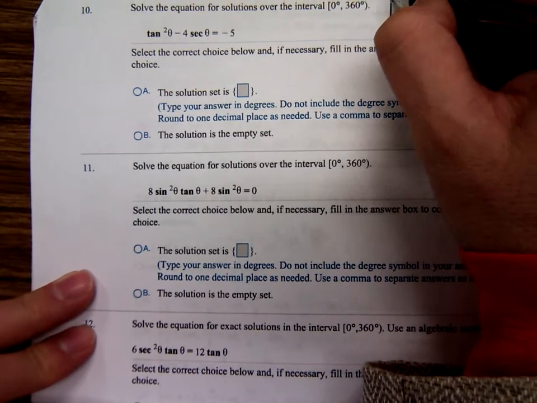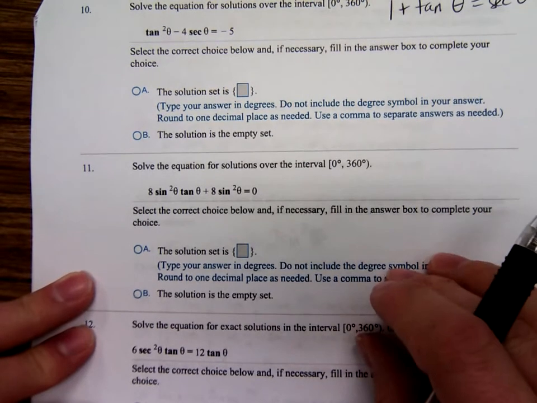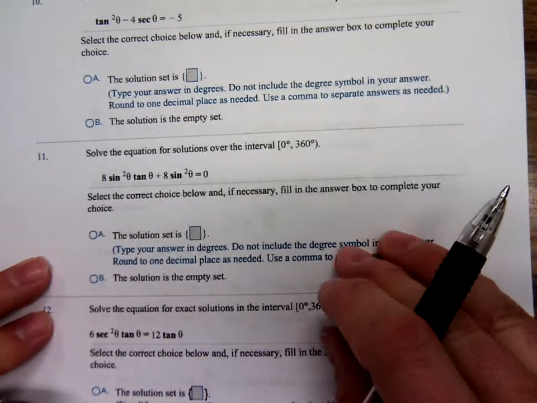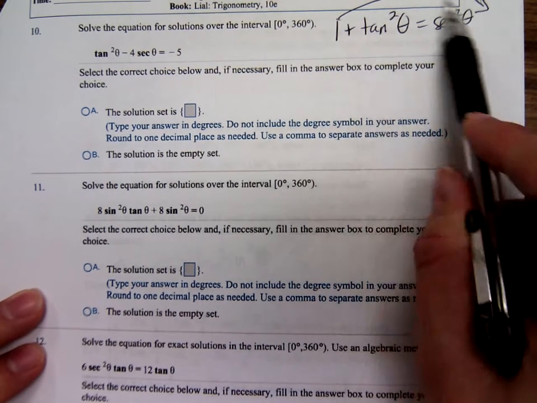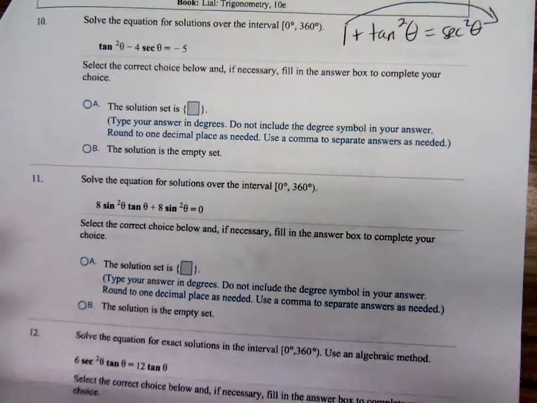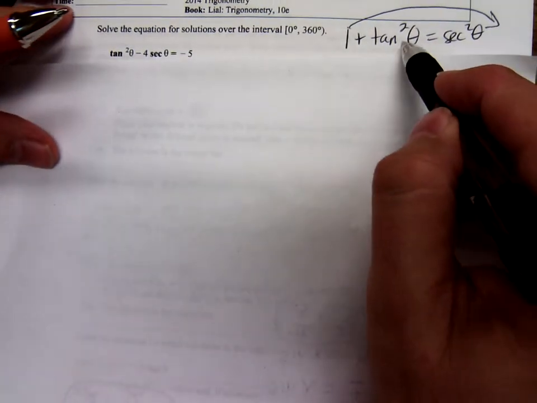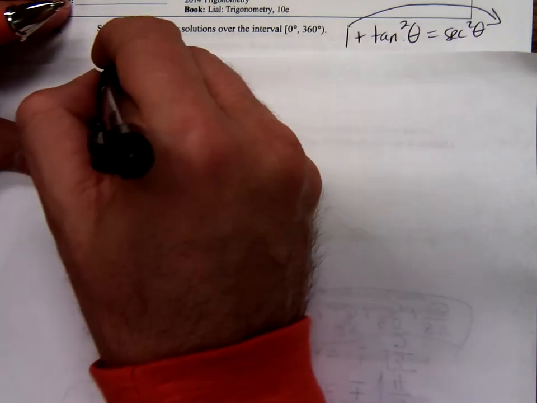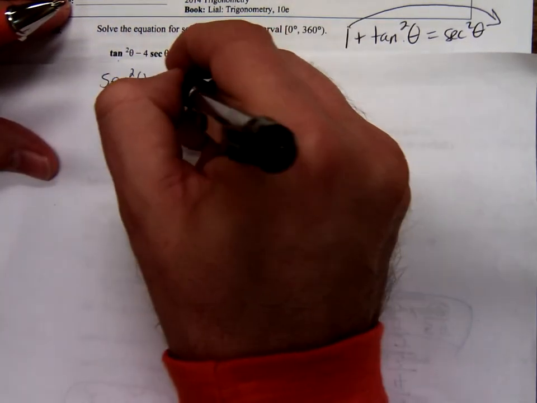So in other words, tangent squared theta is secant squared theta minus 1. Okay? So that's what I'm going to do here. To get just one trig function, I'm going to replace the tangent squared theta with secant squared theta minus 1.